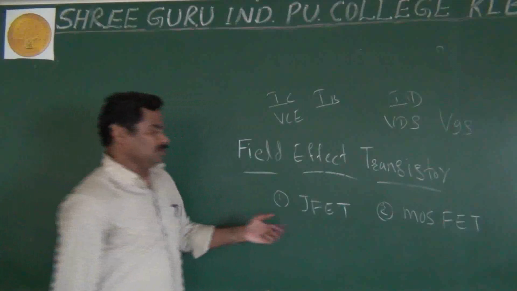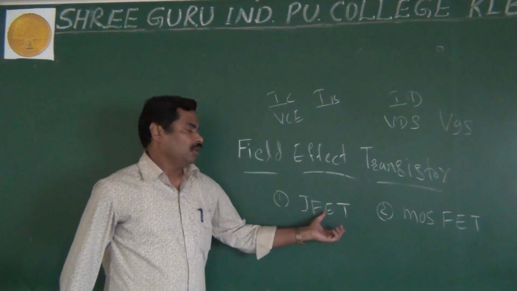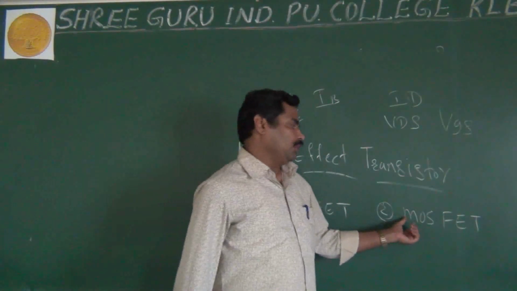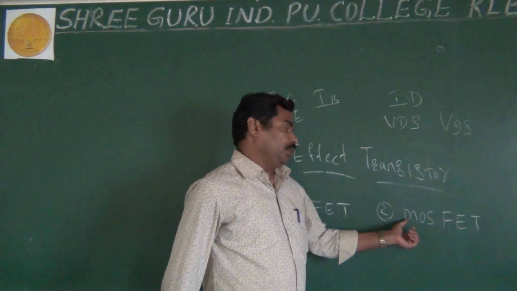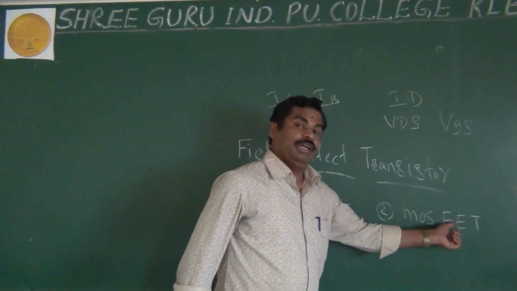JFET is nothing but the junction field effect transistor, and MOSFET is nothing but the metal oxide semiconductor field effect transistor.